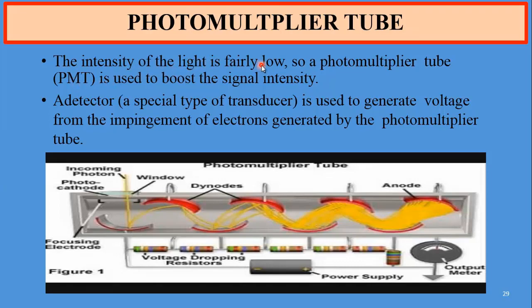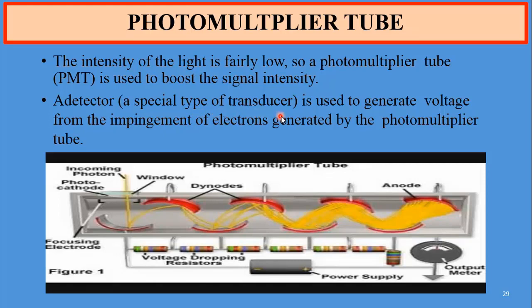The intensity of the light is fairly low, so a photomultiplier tube is generally used to boost the signal intensity. As you see in this diagram, only a small intensity of light falls on the first plate, but then it will increase and multiply the signal. So at the end, the detector gets a higher intensity signal and it can easily be detected.